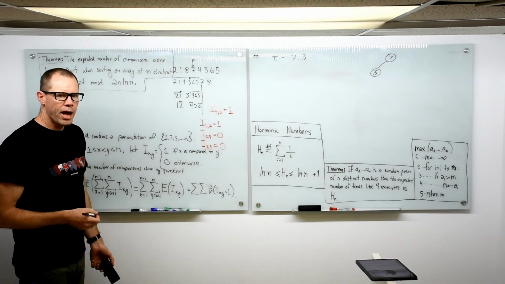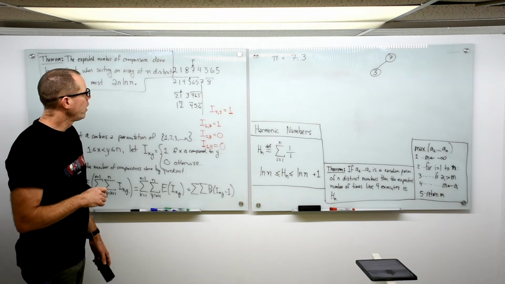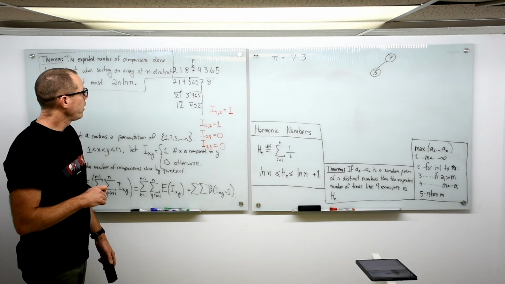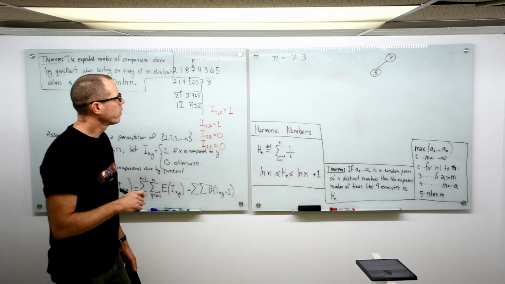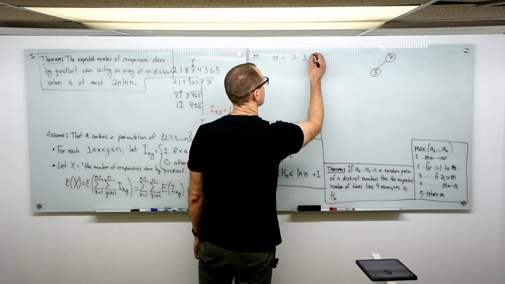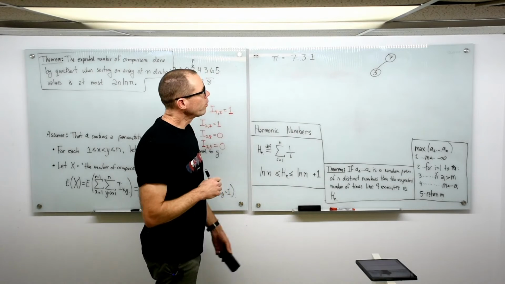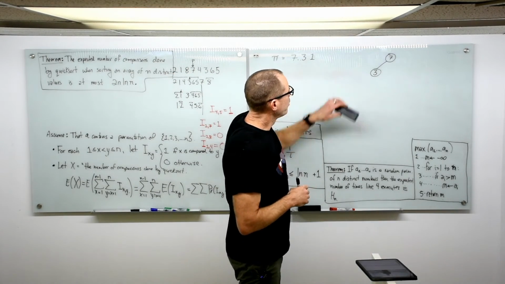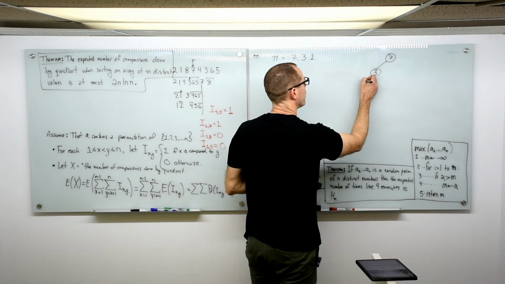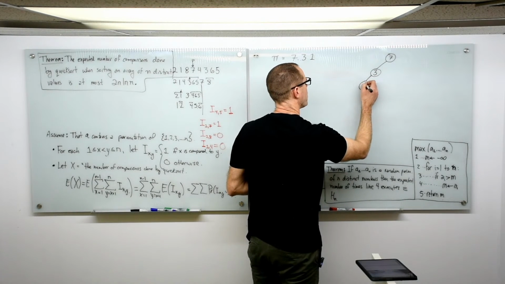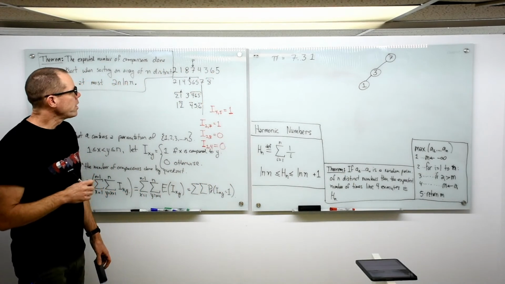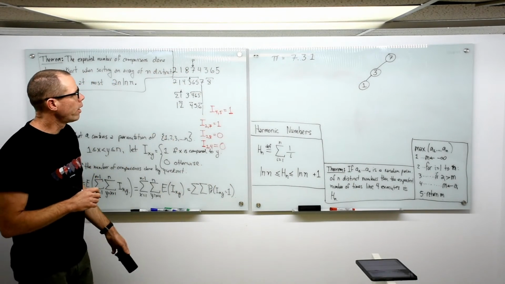And now we look at the next thing in our random permutation. And maybe the next thing is 1. We insert that into this binary search tree. We get 7, 3, and 1 goes here. Next thing in our random permutation, maybe it's 8.